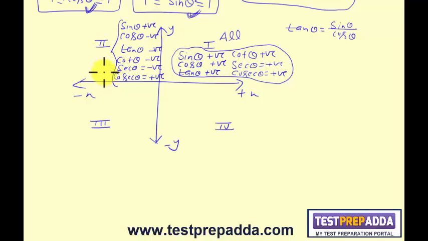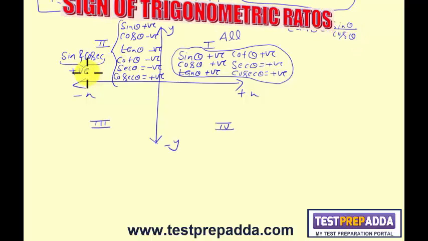So, what conclusion here? Sin and cosec, these two trigonometry ratios will be positive, rest all will be negative here.